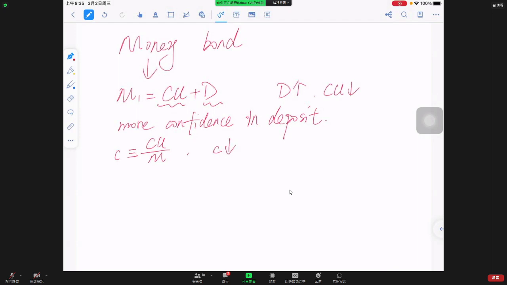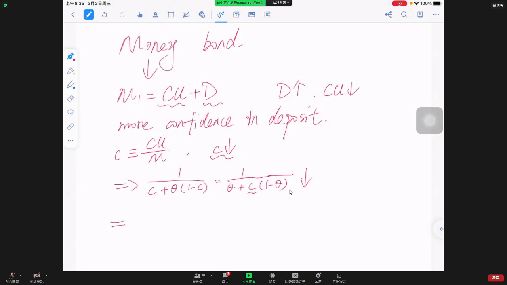And this c will affect the money multiplier. The multiplier was 1 over c plus theta times 1 minus c, or (1 plus c) over (theta plus c times (1 minus theta)), right? And with a smaller c, this multiplier will decrease, okay?